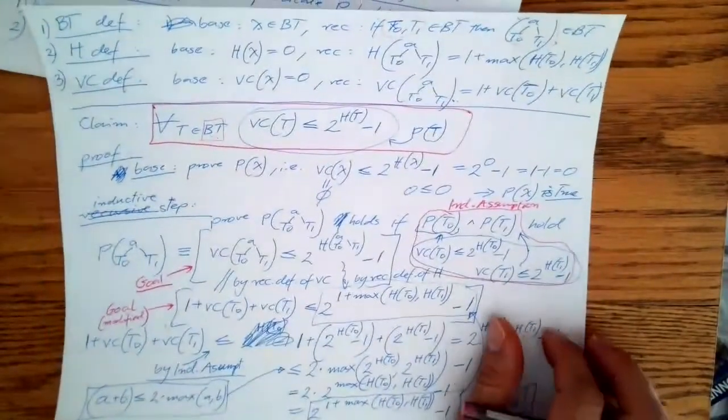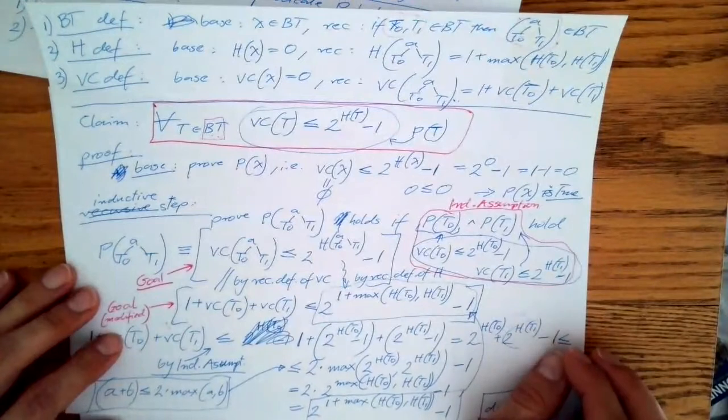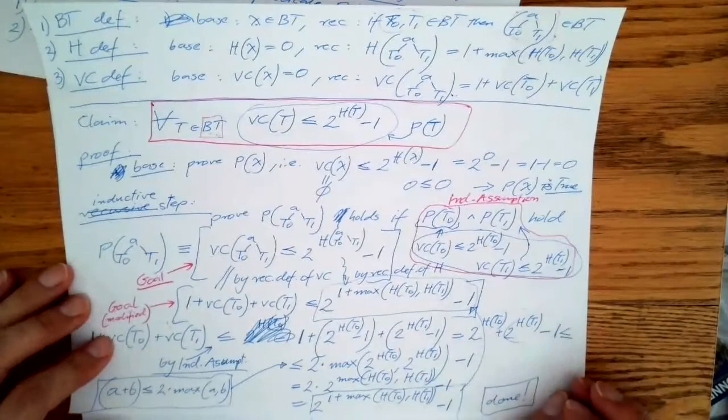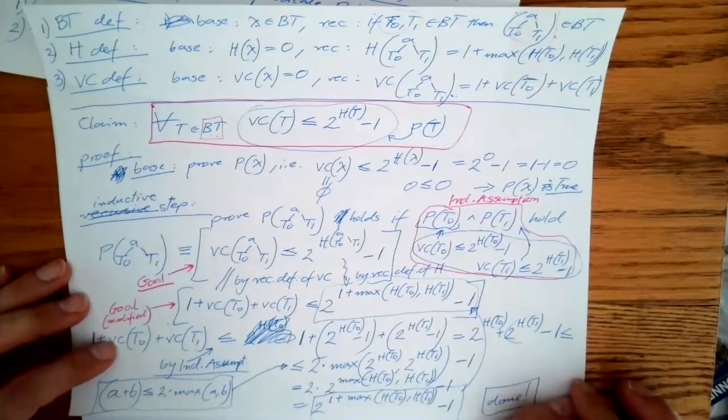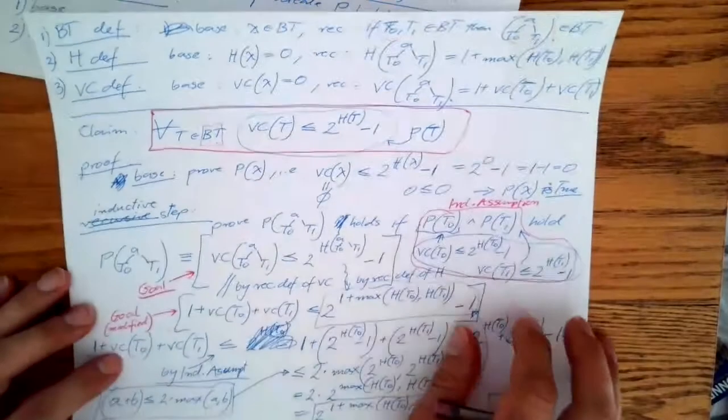So can we assume that all binary trees take their basic definitions, for example, the binary tree definition, height definition, and vertex count definition? Unless told otherwise, we should just follow what we've looked at in lecture. You know what?